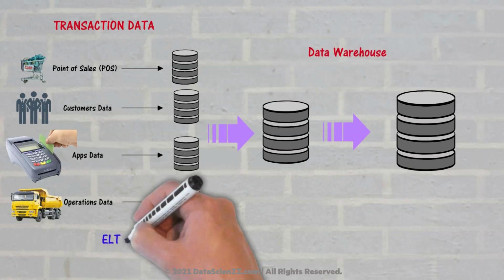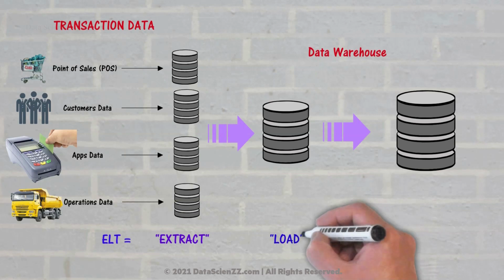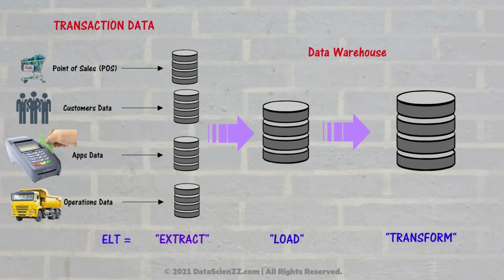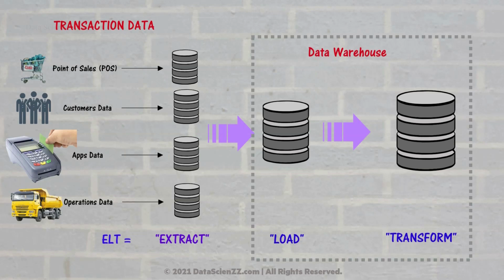In this sense, ELT, or extract, load, and transform, has been found to be a better process than ETL. Here, data from multiple sources is extracted and loaded first into the data warehouse. The data is transformed later, and this provides more flexibility, as both raw and transformed data are available.